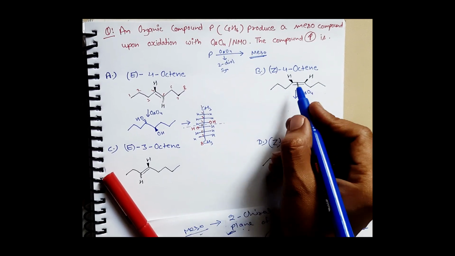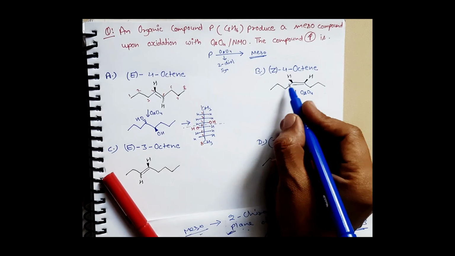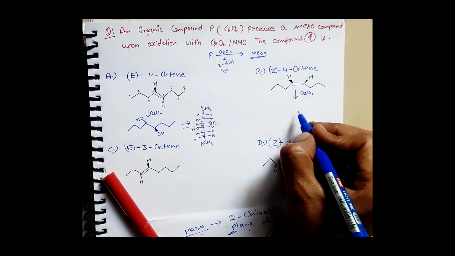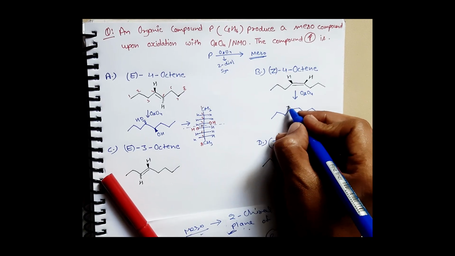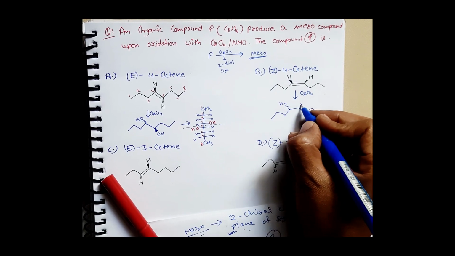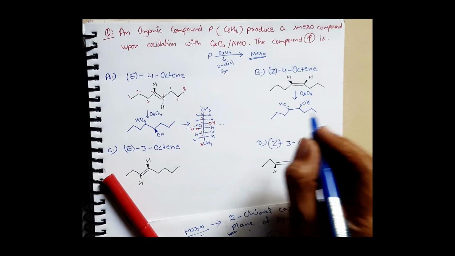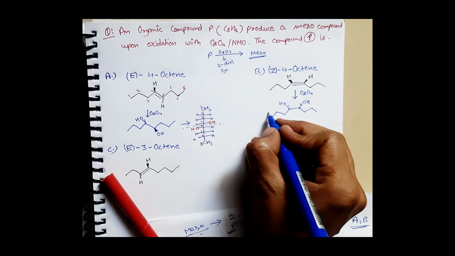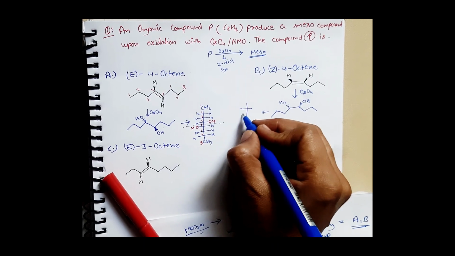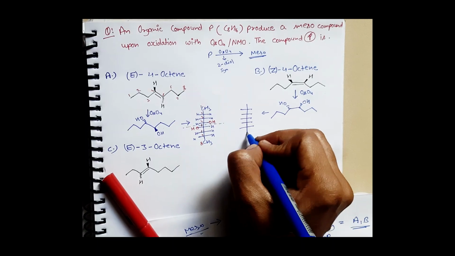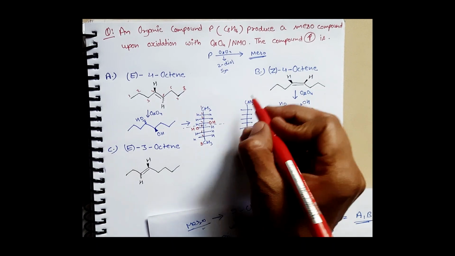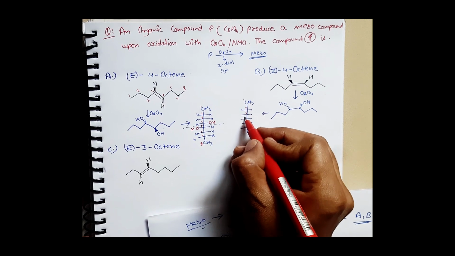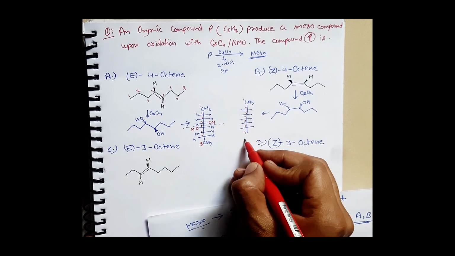In option B, we react osmium tetroxide with this reactant, so we get this compound. If we convert this to Fischer projection, we label carbons 1 2 3 4 5 6 7 and 8.